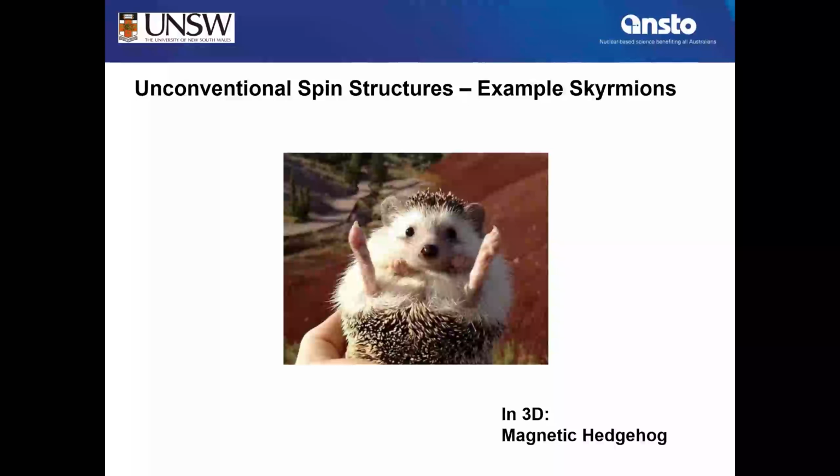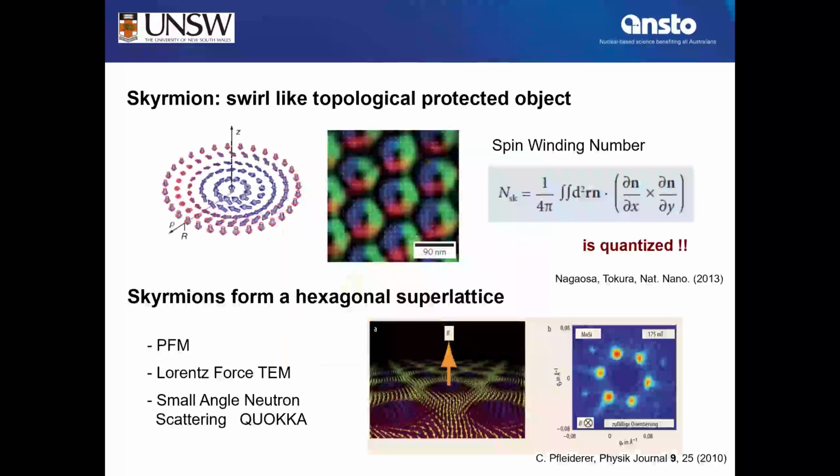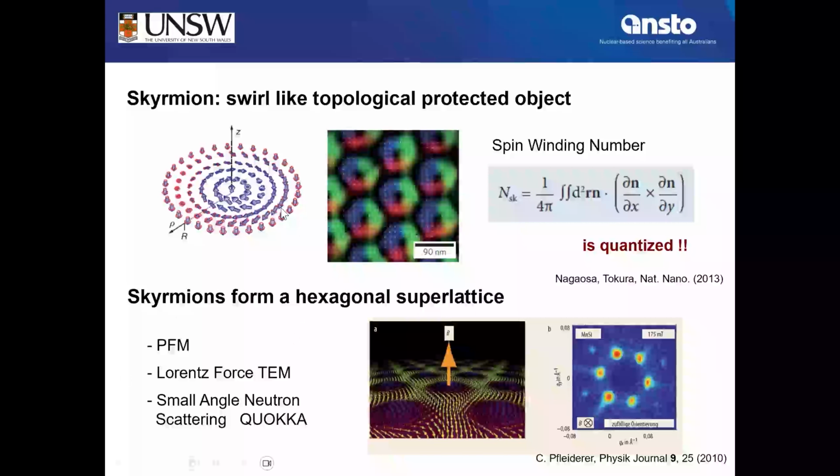Yeah, in 3 dimensions, you could compare it with that nicely shaped spin structure where the spins are all pointing outwards. In real life, a skyrmion is really like a magnetic dot where, let's say, 100 spins are combined into one object, and the spin is rotating from up to down, as shown here in this cartoon.